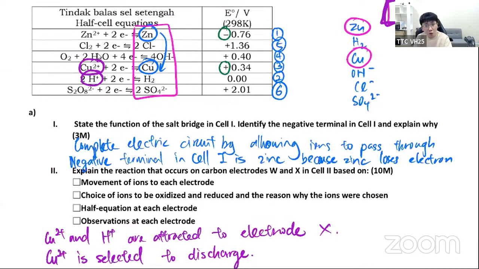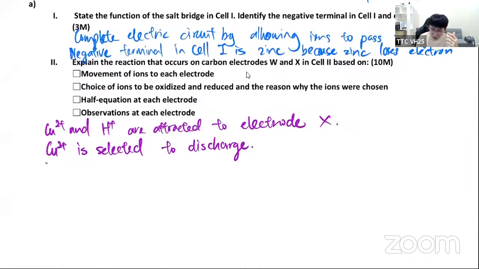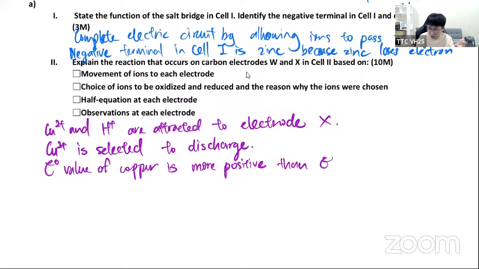So if you selected Cu2+ because of the positive 0.34, you say that the E0 value of copper is a bigger value, we call it more positive, than the E0 value of hydrogen. So you selected this because it is a strong agent, it has a bigger value, so more positive.